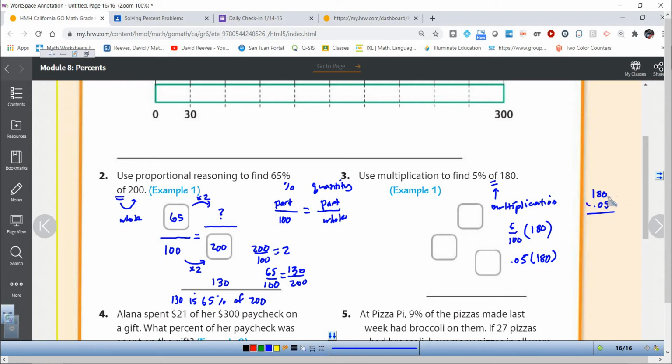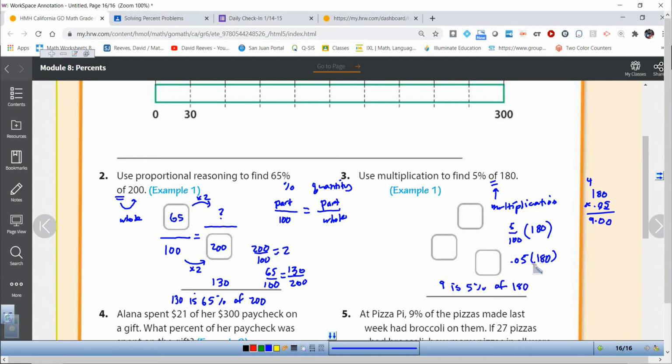By the way, you could do this with the calculator as well. That would be 0. 5 times 8 is 40. Carry the 4. 5 times 1 is 5 plus 4 is 9. All right, and then I have two numbers after the decimal place. You remember doing this earlier this year? So we would get 9.